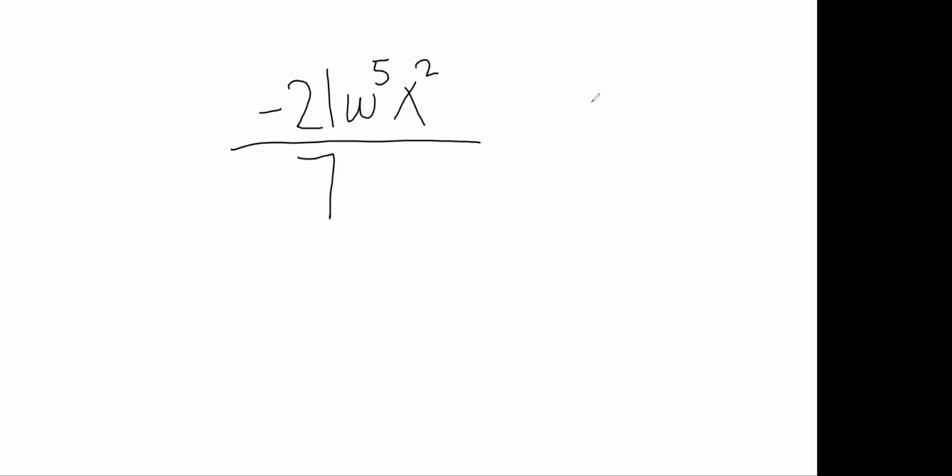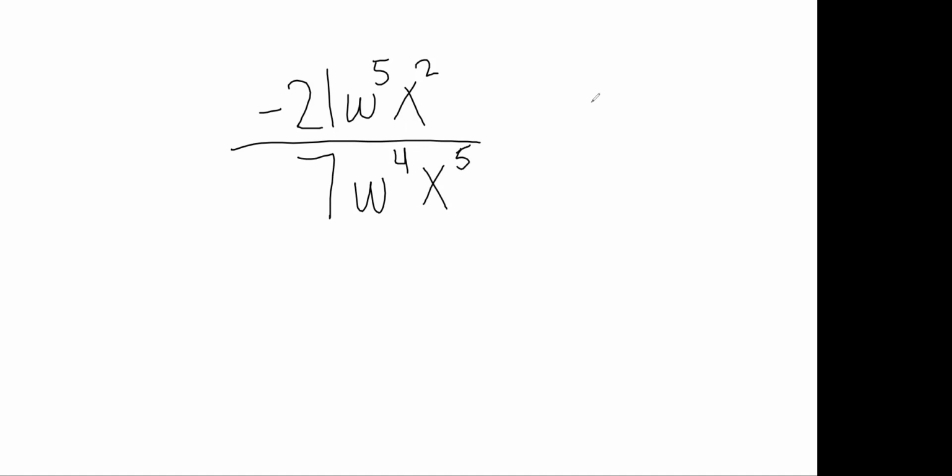Let's do another pretty simple one. This is number 11. So we have negative 21 times w to the 5th times x squared over 7 w to the 4th x to the 5th.